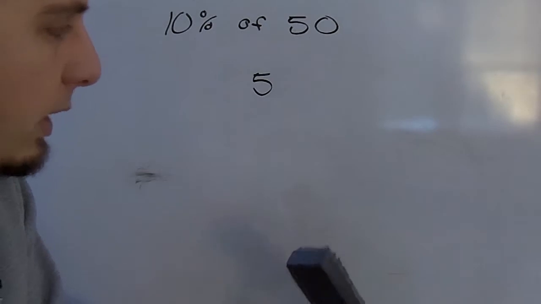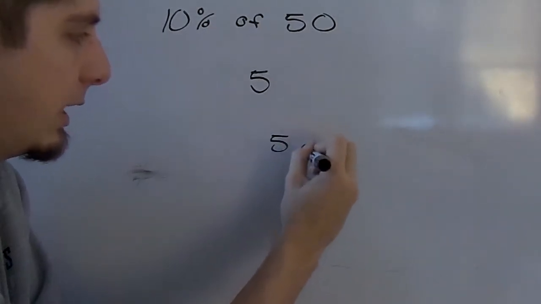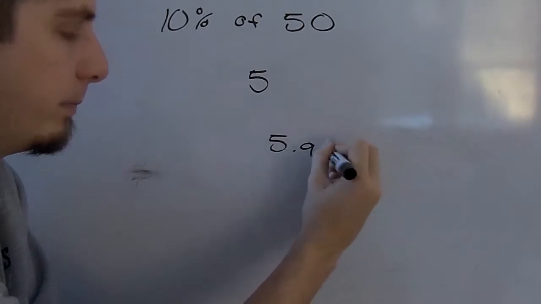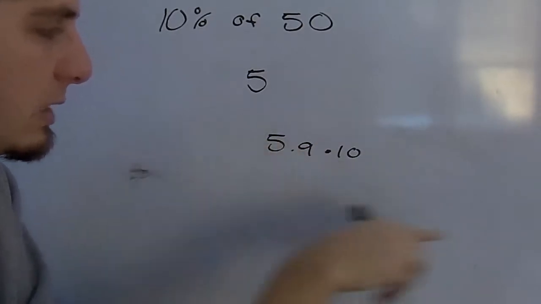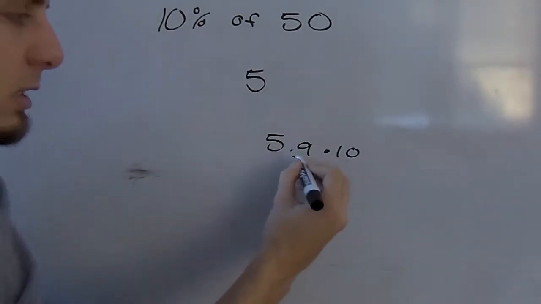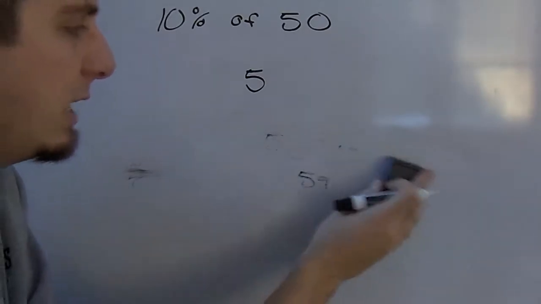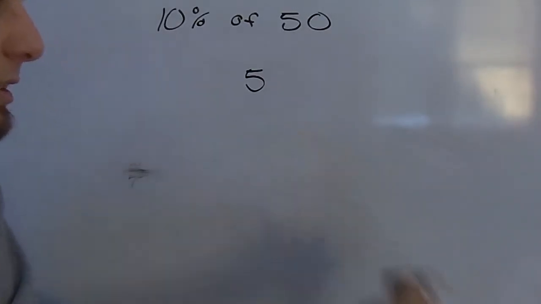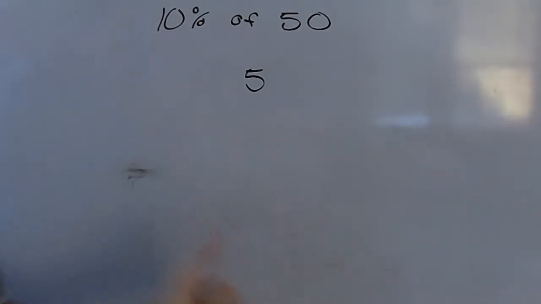Now, multiplying by 10, we've talked about how, for example, if I do 5.9 times 10, what it does is it moves the decimal. When you multiply by 10, it moves the decimal to the right one space, and so you would get 59 for an answer. But when you divide by 10, the opposite happens. Instead of the decimal moving to the right one space, the decimal is going to move back one space to the left.